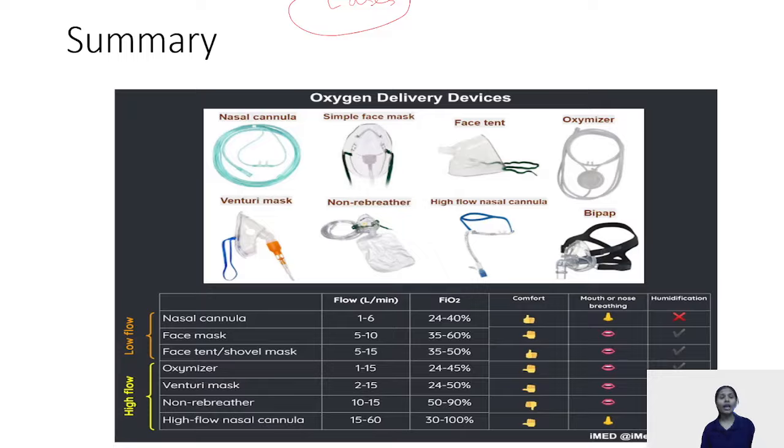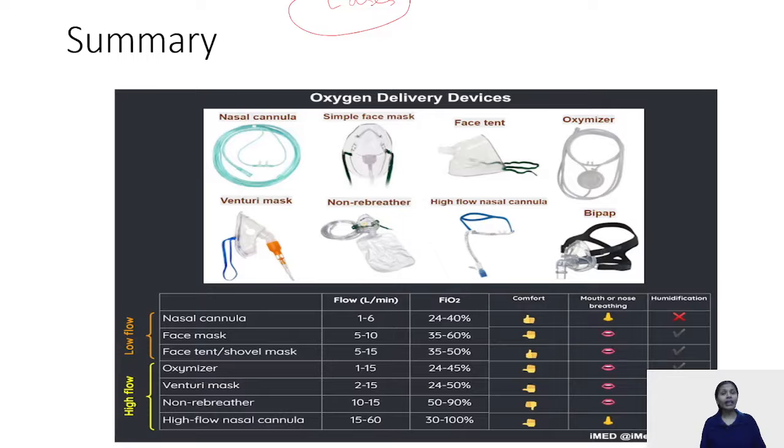Similarly, we have the Venturi mask. In the Venturi mask, we have a very high flow rate. Please remember one thing: when you're talking about the Venturi mask, what is being delivered to the patient is the sum of what is coming via the Venturi mask and how much air is entrained because of the pressure drop, the viscous drag, and the increase in velocity through the jet orifice.